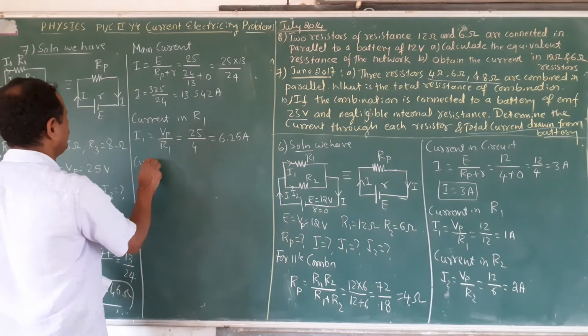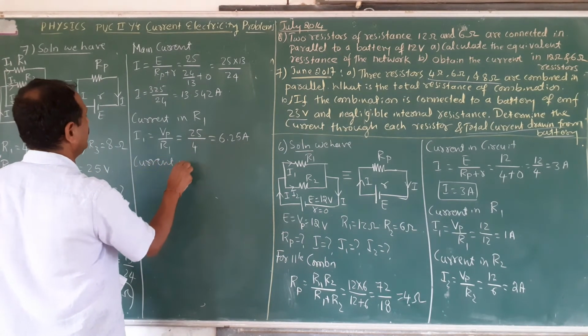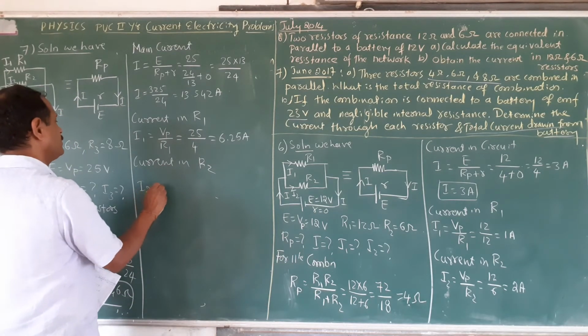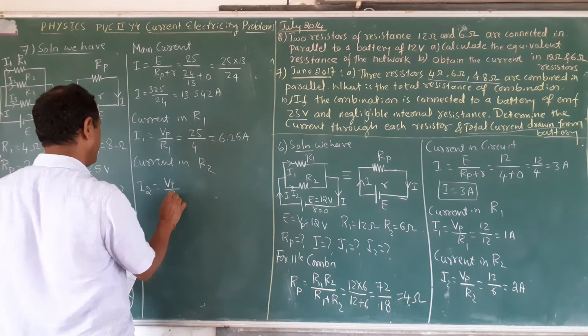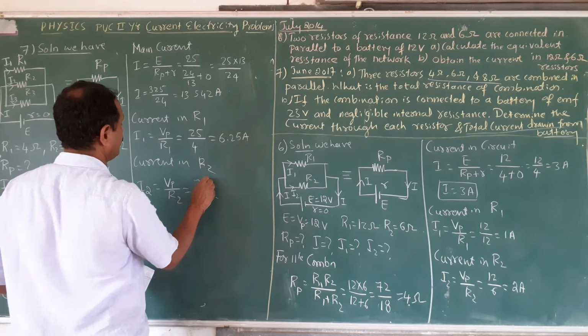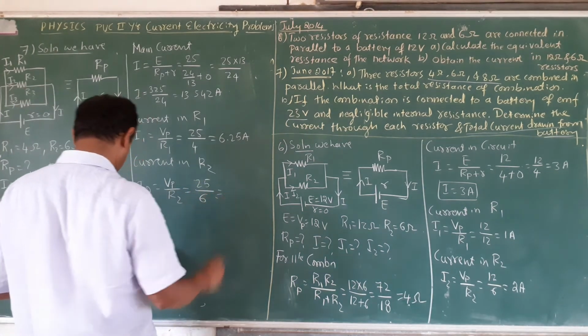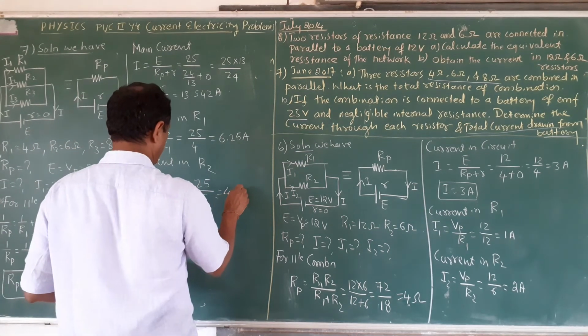Then the current in R2, that is I2, is equal to Vp divided by R2, 25 divided by R2, which is 6. This is equal to 4.167.